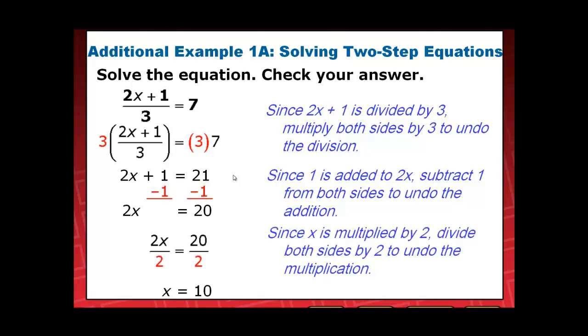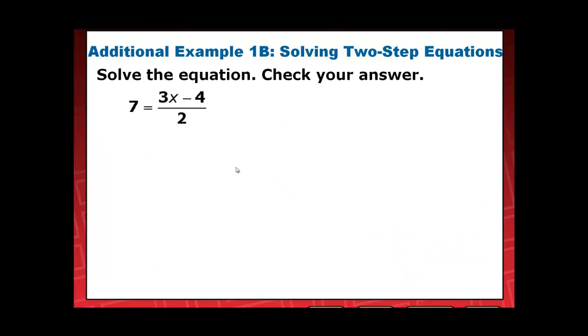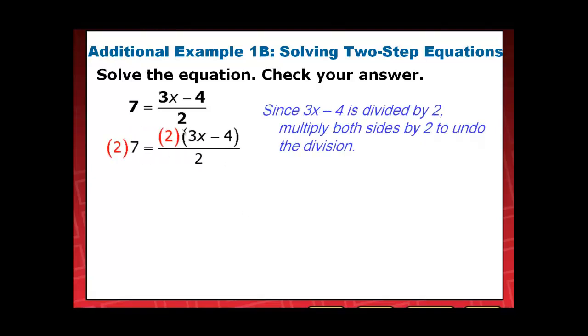You understand? Another one. We have here divided by 2. So what will we do with divide? Divide will become multiply on both sides. So let's multiply both sides: here we multiply by 2 and here by 2.